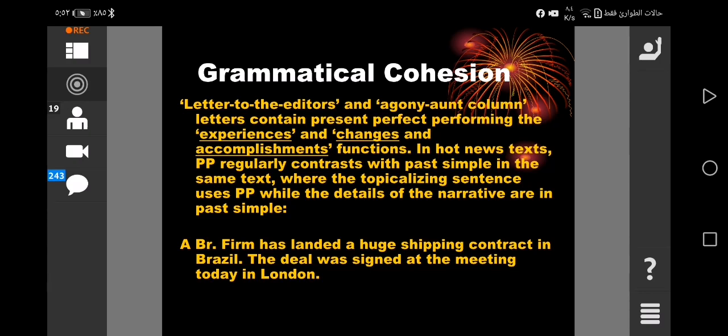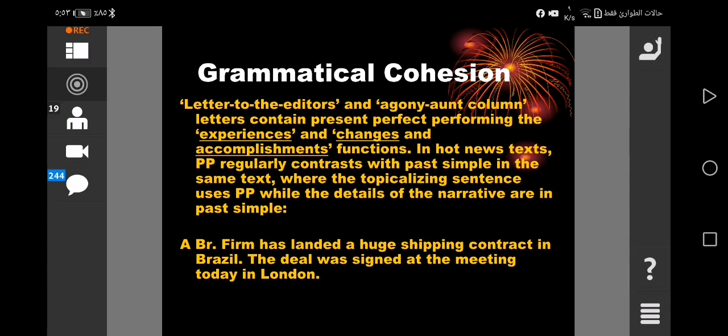Well, sometimes present perfect contrasts with past simple. You see, you first introduce the topic very generally and then you make it specific. A British firm has landed a huge shipping contract. This is very general, but then you specify it.